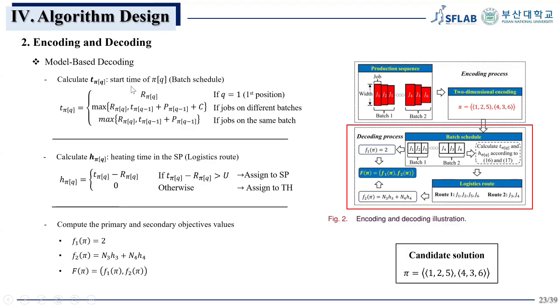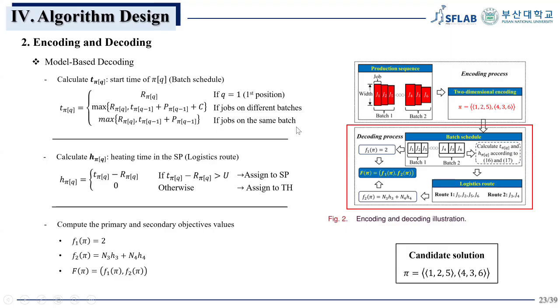For the model decoding, first, based on the solution, we calculate the job start time. If it is the first job, q equals 1, then the job start time will be equal to its release time. If the job is in a different batch, for example, job 5 and job 4, then the job start time will be equal to the maximum of job release time and the completion time of the previous job plus the setup time.